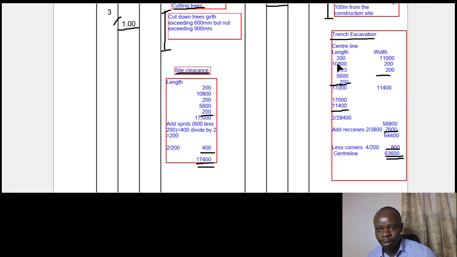So that means, for instance, let's get to what we calculated for our center line. The dimensions that we have, these dimensions were from the external faces of the wall, and therefore we were to do an adjustment to get to the length at the external edges.